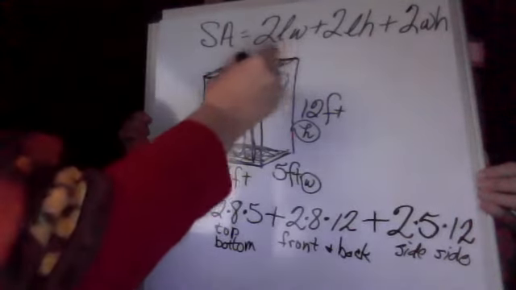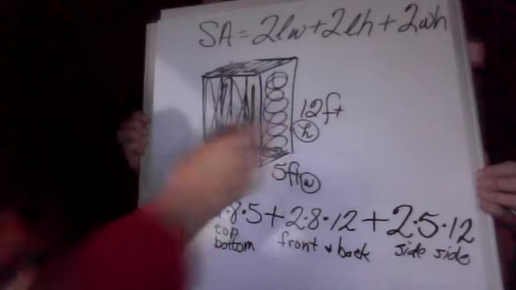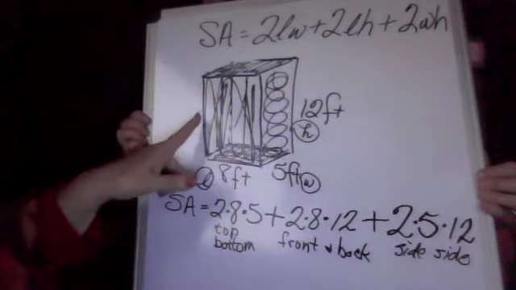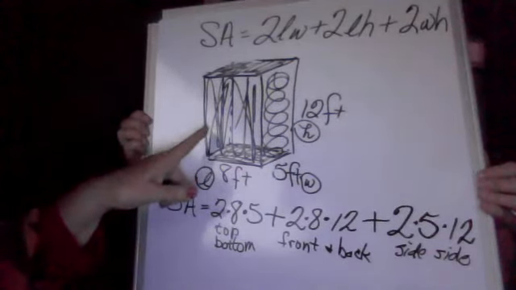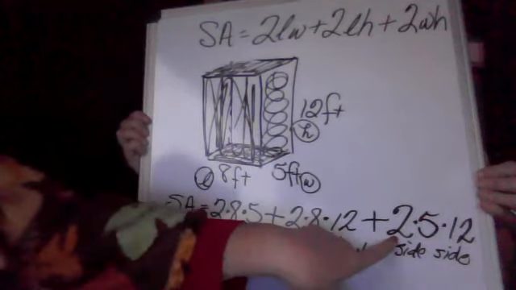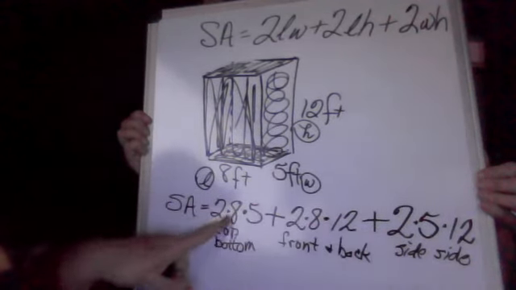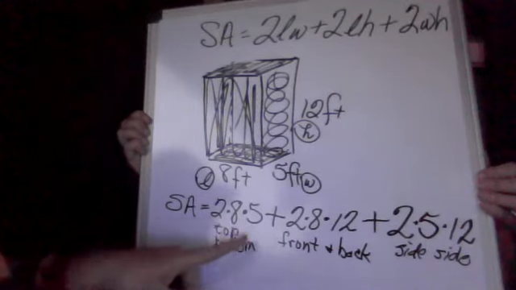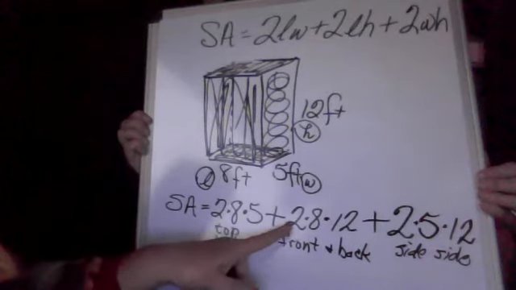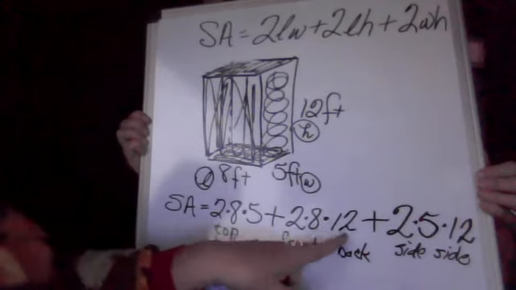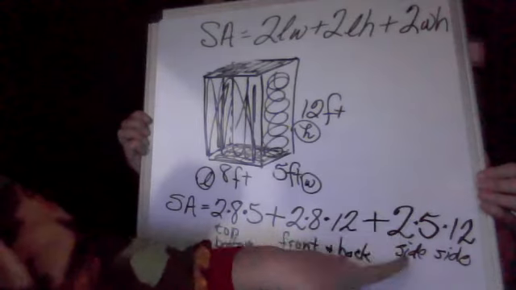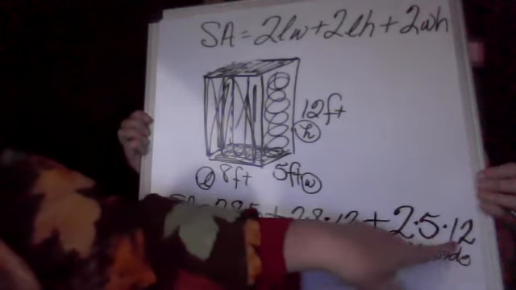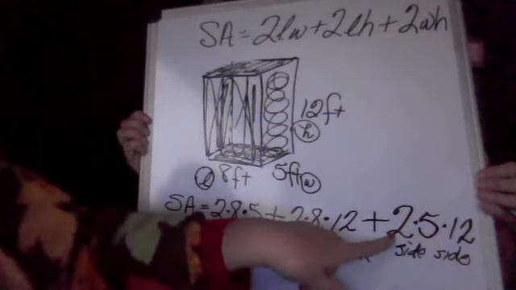So that's giving us this side, and we know that the other side is going to be exactly the same. That's why we have 2 of them. Each time we have 2 things that are the same. The top and the bottom are this area. The front and the back are this area. And the side and the side, each side is this area. That's why we have 2 of them.